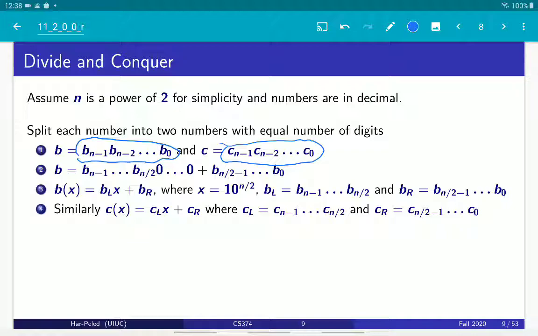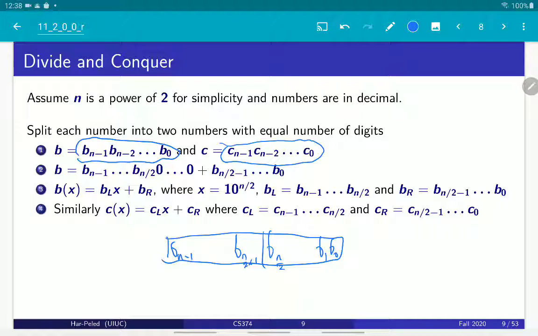And for reasons that will become a bit strange, it would also be convenient to think about those numbers as polynomials. So to this end, we are going to do the following. We're going to take the number b, which has b0, b1, all the way to bn minus 1.